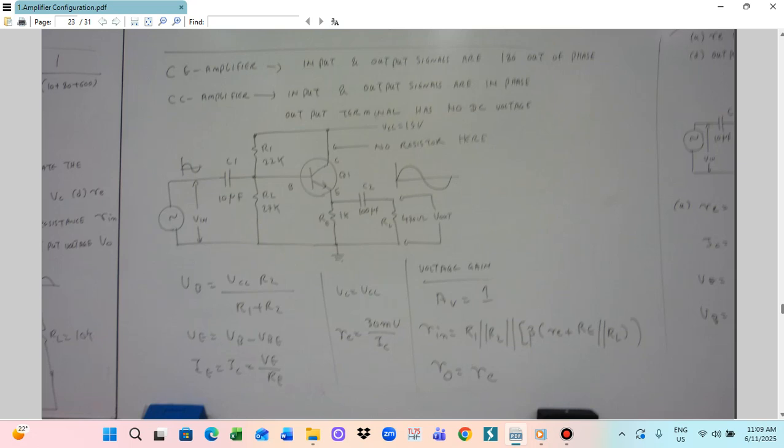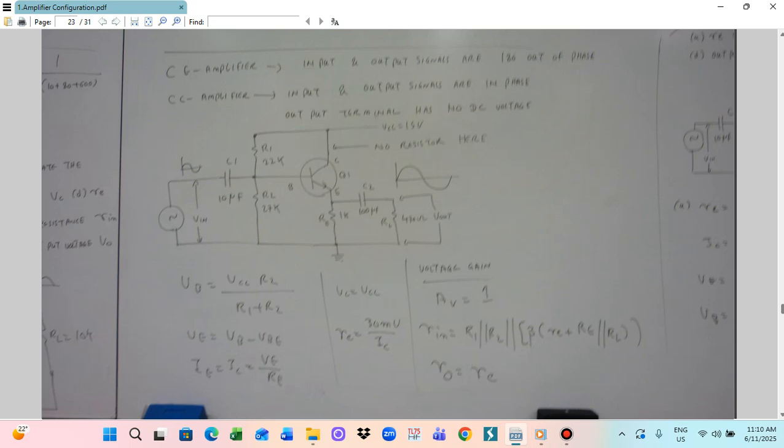All other circuit characteristics are similar between the CE and the CC, the only major difference is that the output signal will be in phase with the input signal. So we use the same formulas. VB is equal to VCC into R2 divided by R1 plus R2. VE is VB minus VBE.